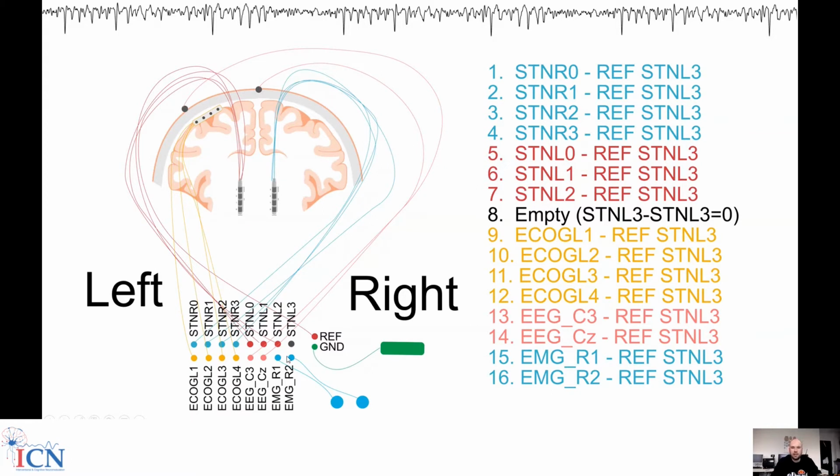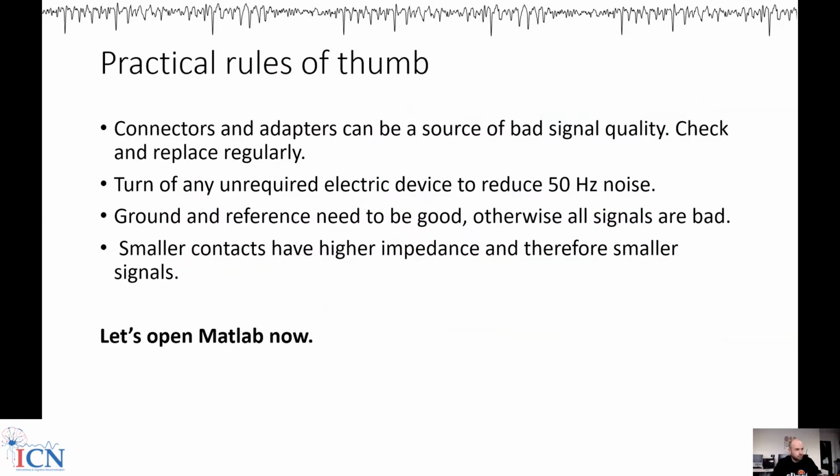It's a good choice if you only have 64 EEG channels and they all have the same impedance and are basically the same signal type. But as soon as you mix different impedances and electrode configurations and sizes of the contacts, it can be a mess what you get. And also sometimes it doesn't work, because the difference between the common average reference and the signal itself can be very high.